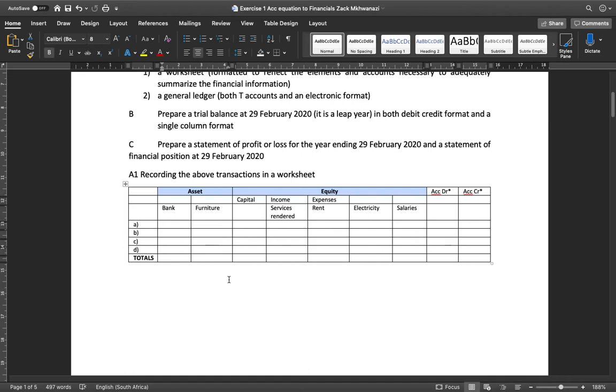Now, if we want to learn how to summarize transactions, one of the important things to remember is that assets equals equity plus liabilities.